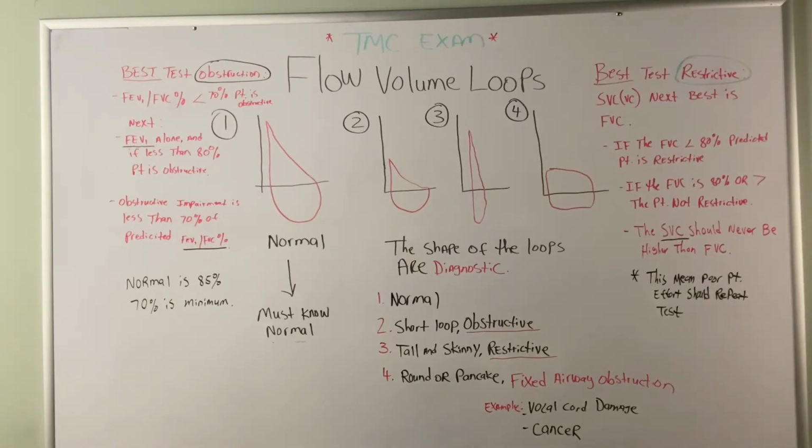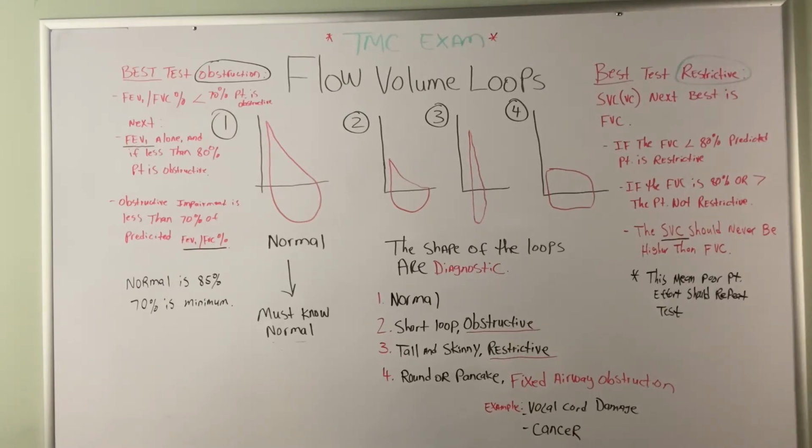Graph number 4 is round or pancake. Pancake on the top, pancake on the bottom. However, it is identified as being a fixed airway obstruction. You usually see this pattern when there is vocal cord damage or some kind of vocal cord dysfunction, usually in cancer patients that have throat cancer.